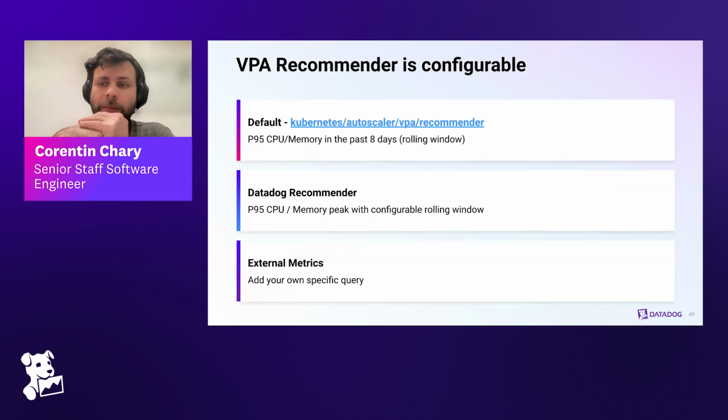Because this was too strict for us, and it was not possible at Datadog to have a setting for every application, we came up with the Datadog recommender, which instead allows you to configure which percentile you want for CPU and memory, and has a lot of other options that we are going to describe a bit later. It can also look at external metrics, such as Datadog metrics.